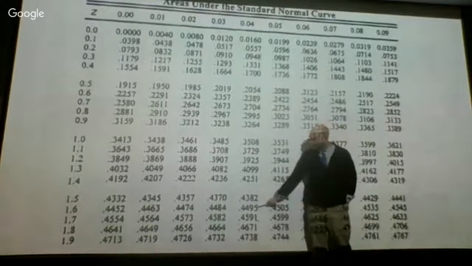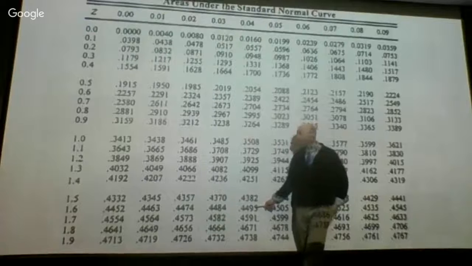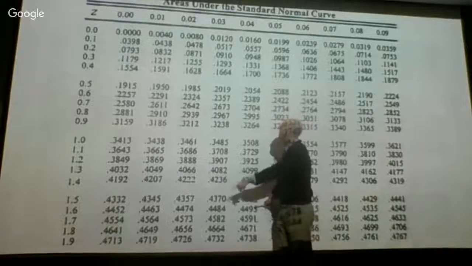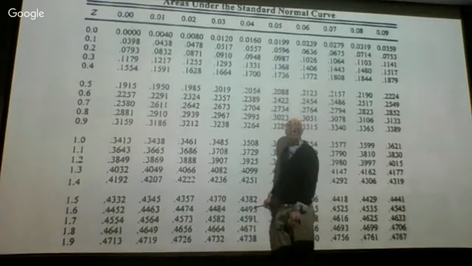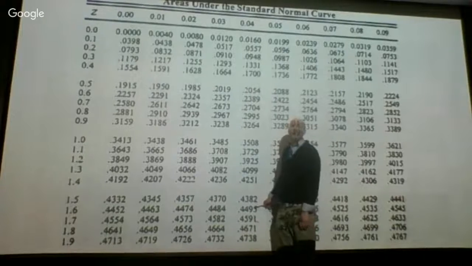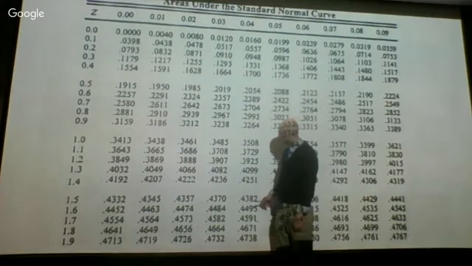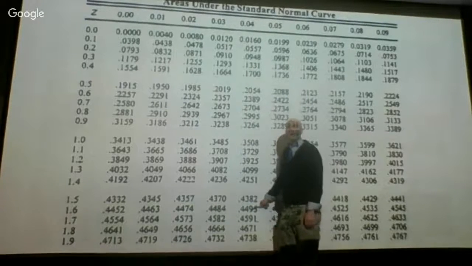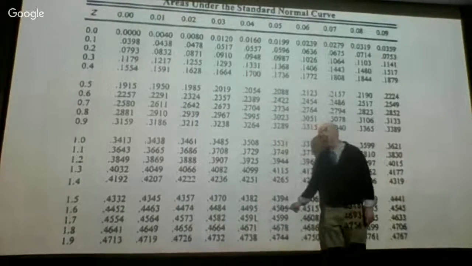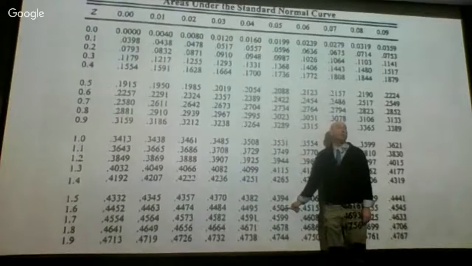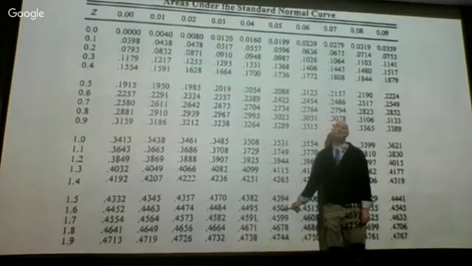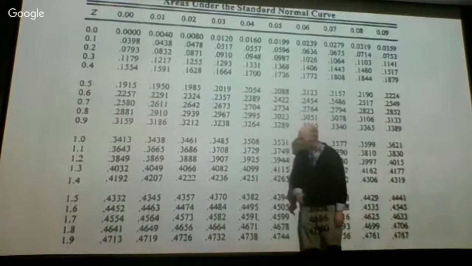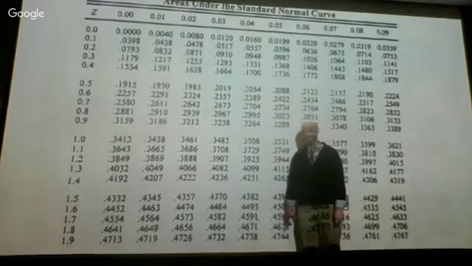The Z-score that generates an area of 0.4495 is 1.64. So if you look up a Z-score of 1.64, that's what you get. If you look up a Z-score of 1.65, that's what you get. If you look up a Z-score of 1.645, you get something right between them.